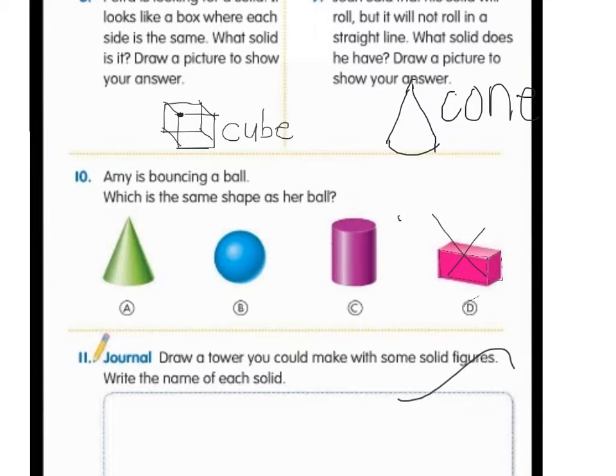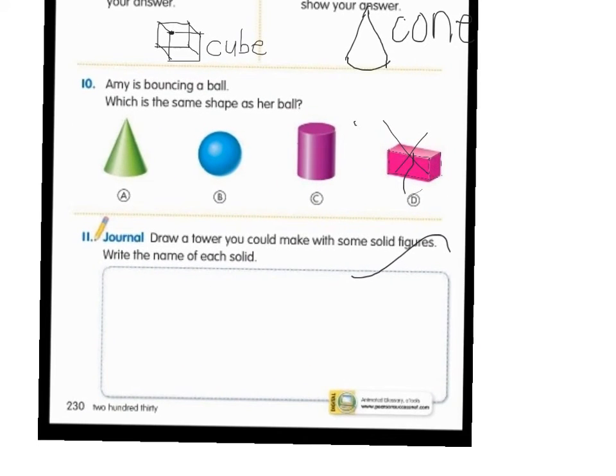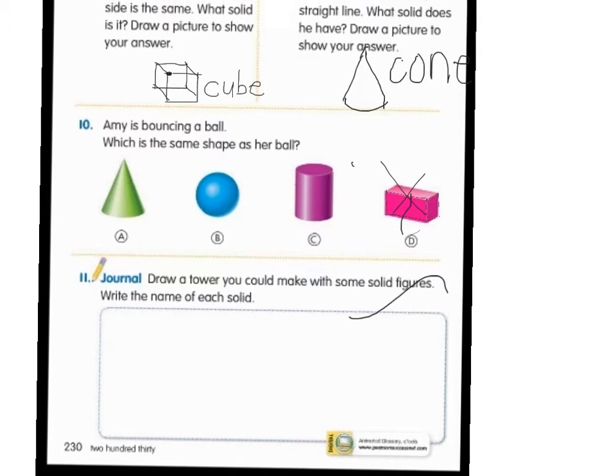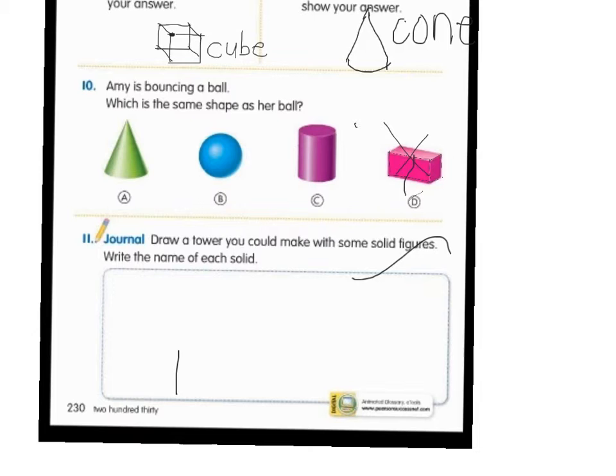Number 10, Amy is bouncing a ball, which is the same shape as her ball. So you can do number 10, and then 11 says, draw a tower you could make with some solid figures. Write the name of each solid. So maybe I would start my tower with a rectangular prism.